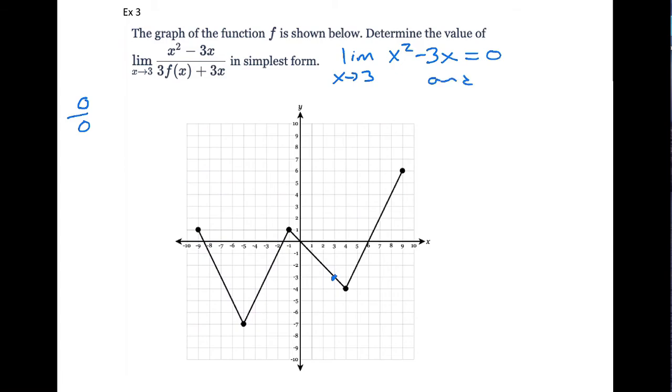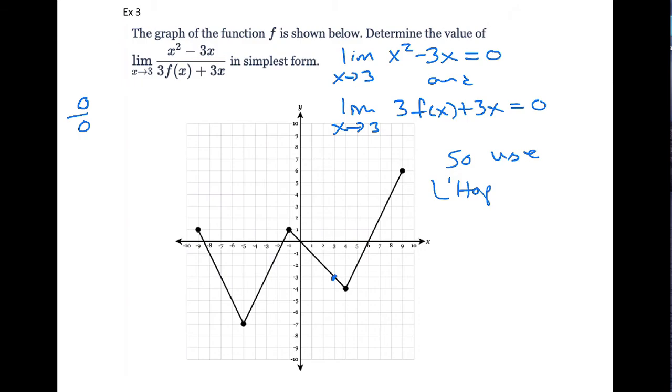And the limit as x goes towards 3 of 3 times f of x plus 3x also equals 0. So use L'Hopital's rule. Now we're going to use L'Hopital's rule.